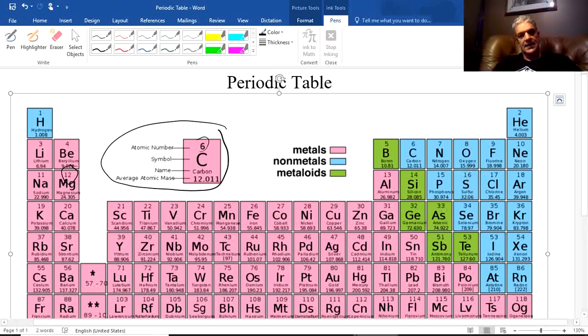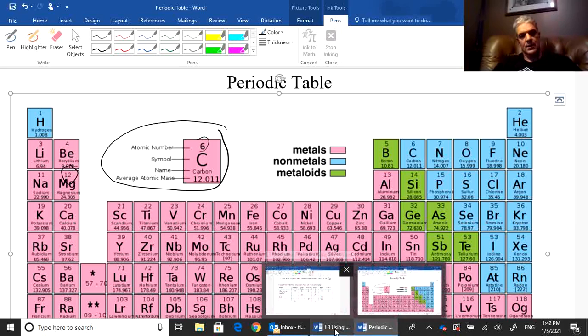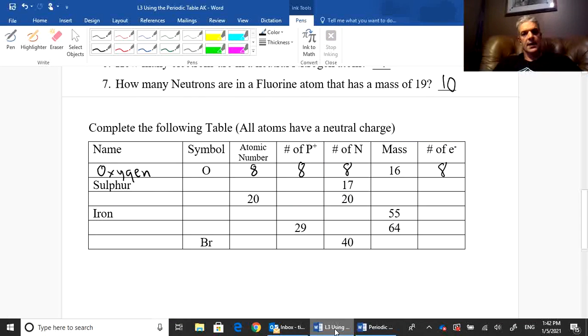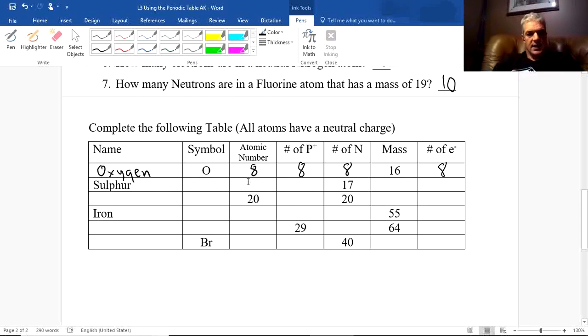So that's important, okay? So I come down here and I say the atomic number is 16. The symbol is S. The number of protons is 16. The number of neutrons is 17. So therefore the mass would be adding these two together. If you can't do that in your head, you're going to have to get a calculator.